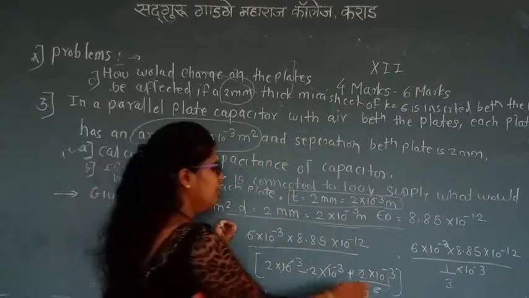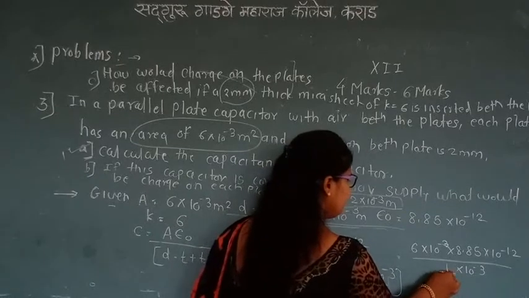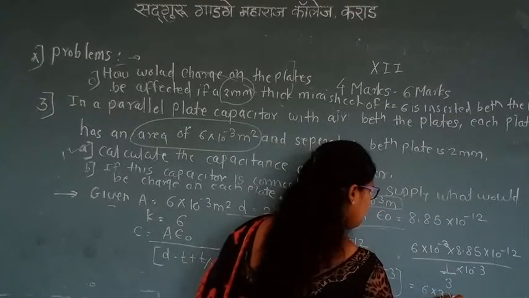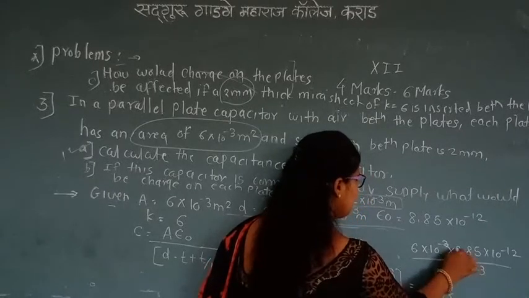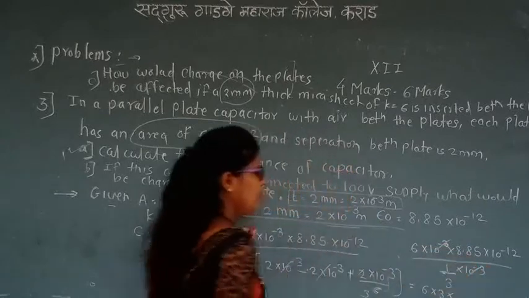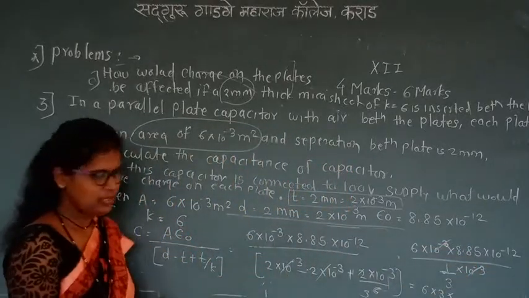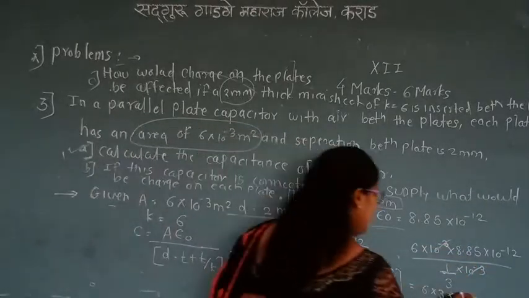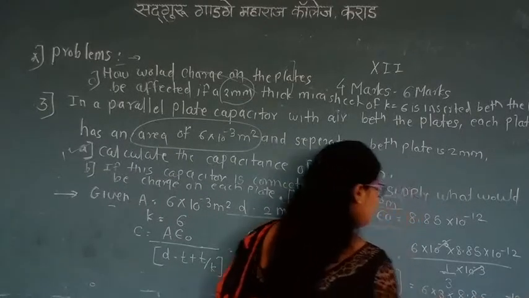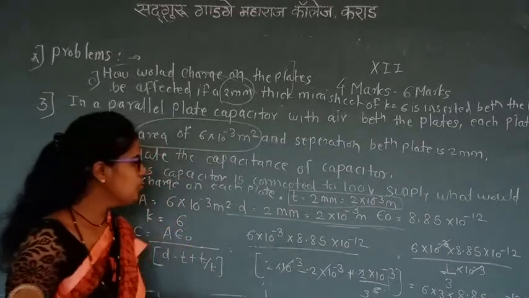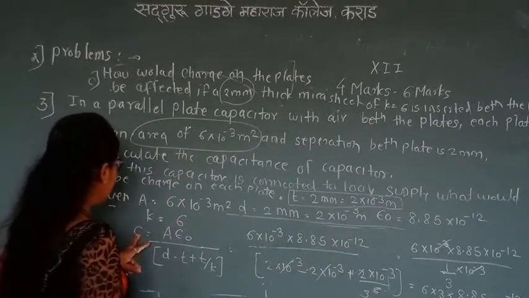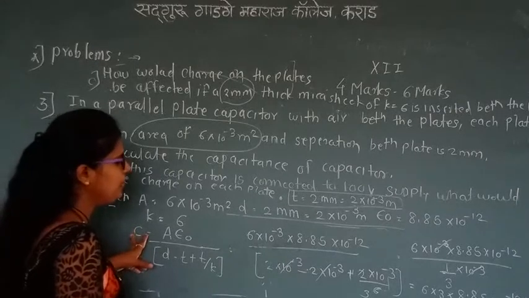There are 3 values here that we have to convert. 6 into 3, and here 10 raised to minus 3 and here 10 raised to minus 3. These two minus 3 cancel. There we get 8.85 into 10 raised to minus 12. By using a log table, we can easily calculate the value of C, the capacitance of the capacitor filled with dielectric.